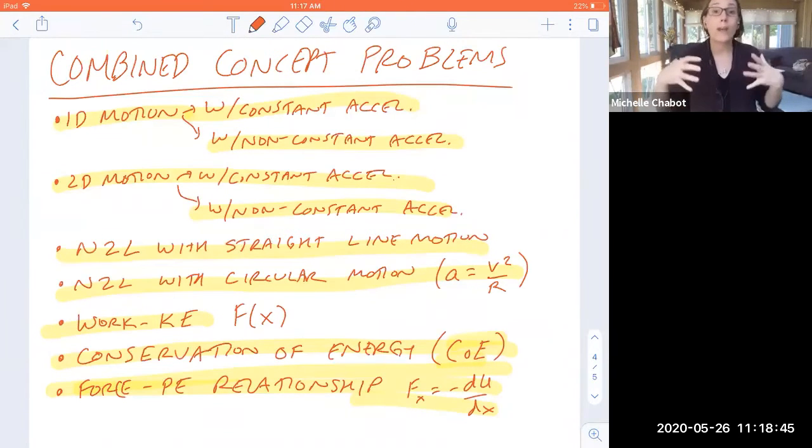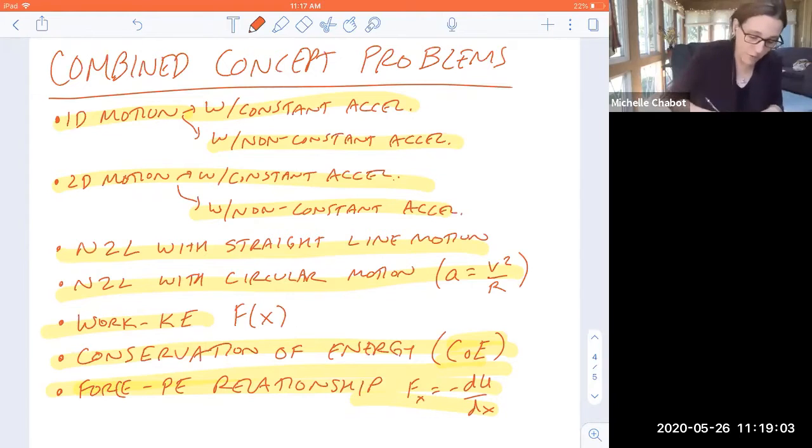Okay, so when we have problems that you have to analyze, a lot of times you have to take a step back and say, which of these can I apply to my situation? And knowing how to identify them: first, is it 1D or 2D motion? Is my acceleration constant or non-constant?